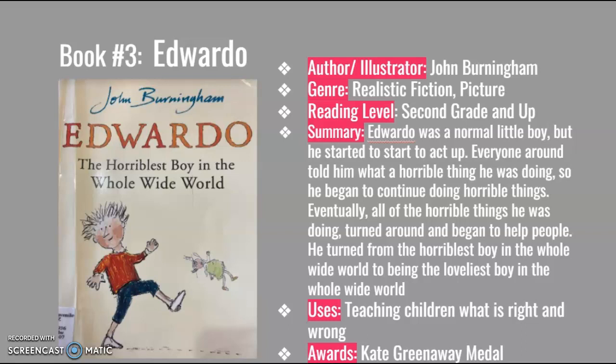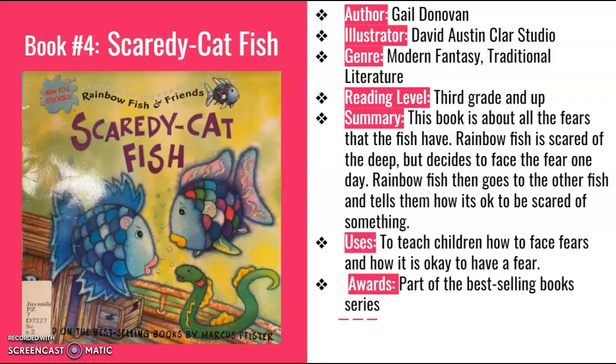Then as he continued to do these horrible things, it surprisingly started to help people. So he turned out to be the horriblest boy, but then turned into the loveliest boy in the whole wide world. The uses of this would be teaching children what is right and what is wrong. And the award that it has is a Kate Greenaway Medal for the illustrations.